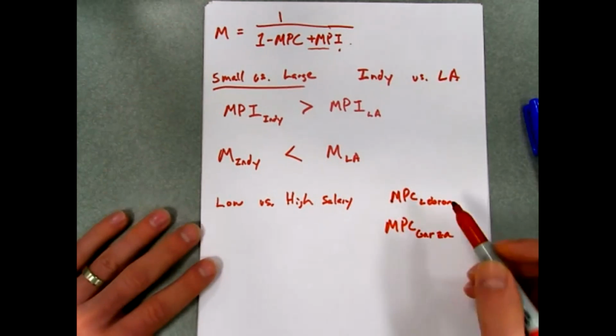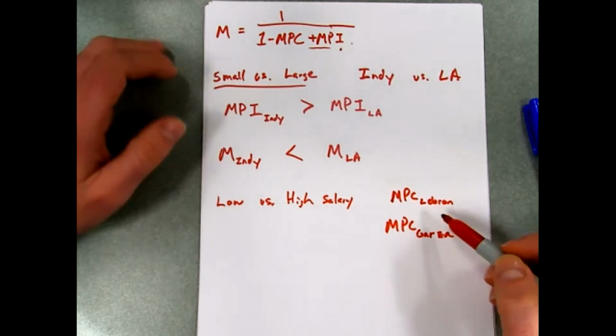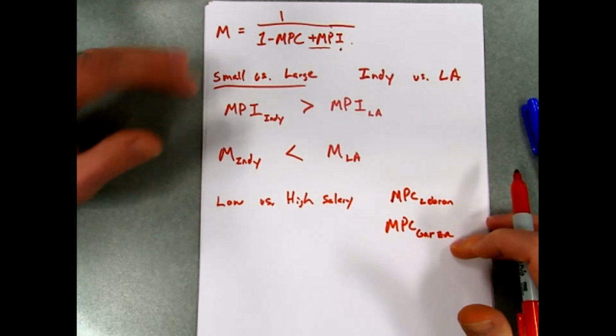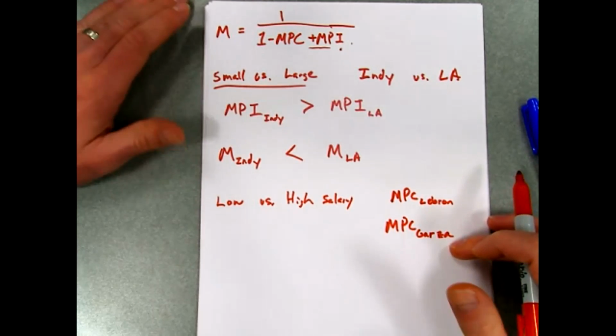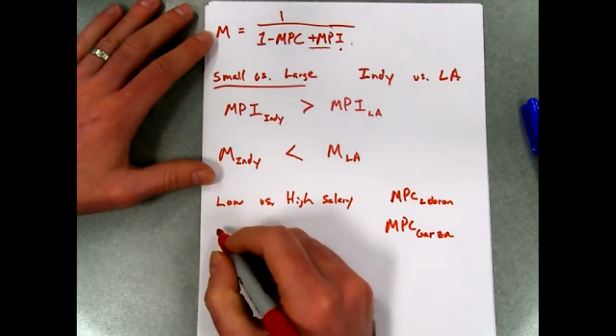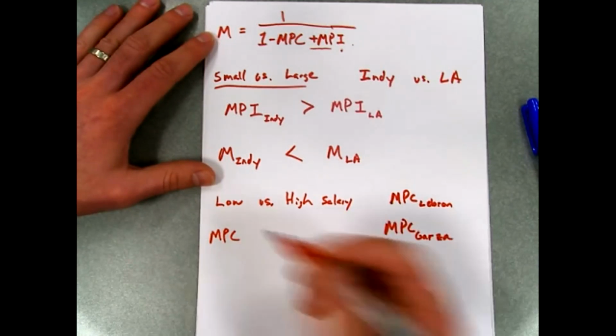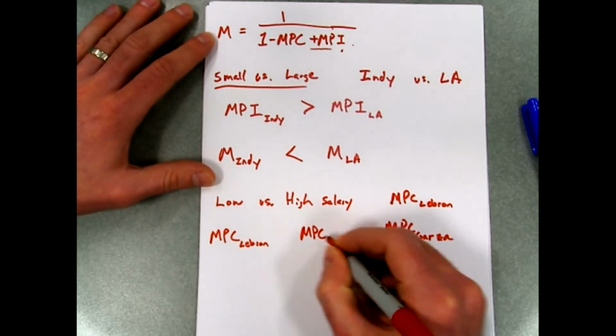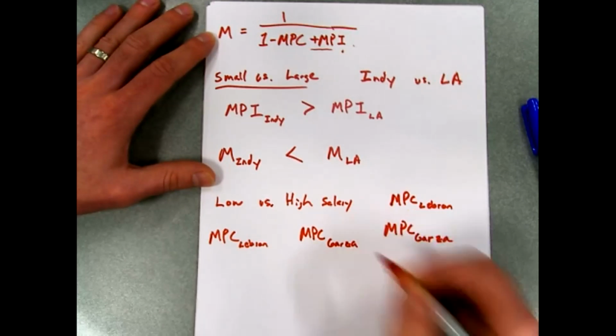So we're thinking about the marginal propensity to consume for a high salary, high quality player versus a lower, not necessarily quality, we can just think about lower salary player. Which one do you think is likely to have a higher marginal propensity to consume? So we'll do LeBron here versus Luke Garza.